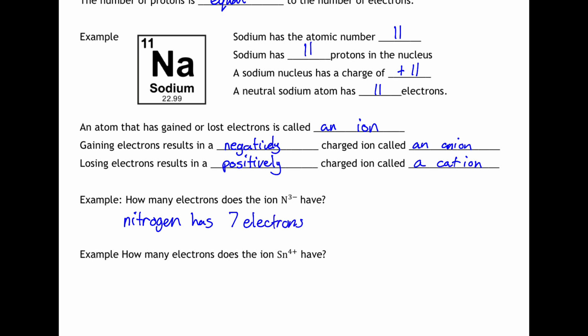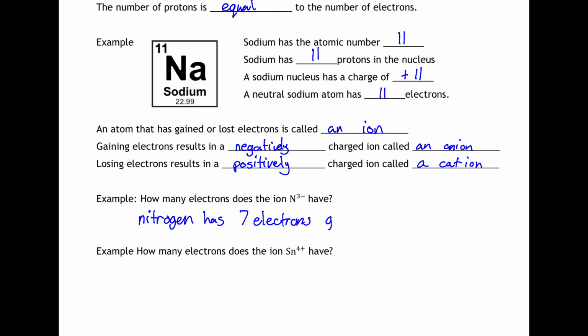Did it gain or lose? It gained. So, how many? 10 electrons. So a nitrogen ion, N to the minus 3, has 10 electrons. That anion has 10 electrons.